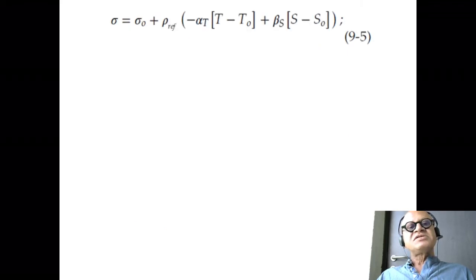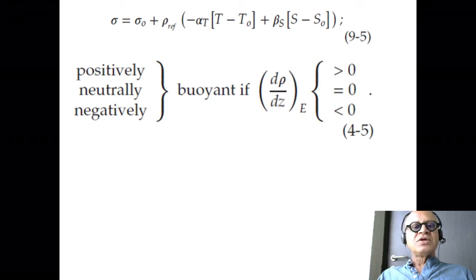So sigma, switching now to the ocean. I jumped there. We will try to do the same thing. Sigma is sigma 0 plus rho ref times minus alpha delta T plus beta delta S. Okay, so how does it work in the ocean? The ocean is positively buoyant if d rho dz is greater than 0 for the environment.